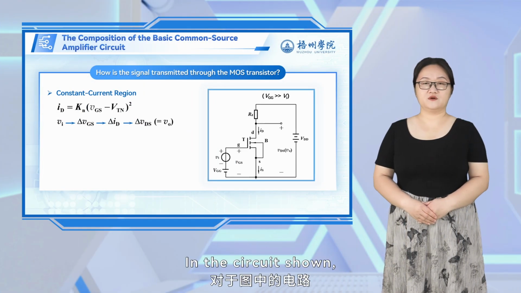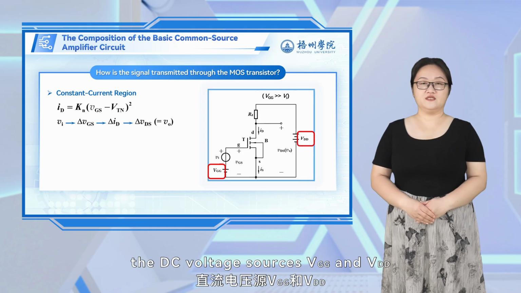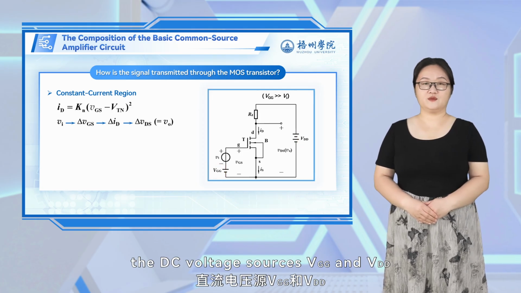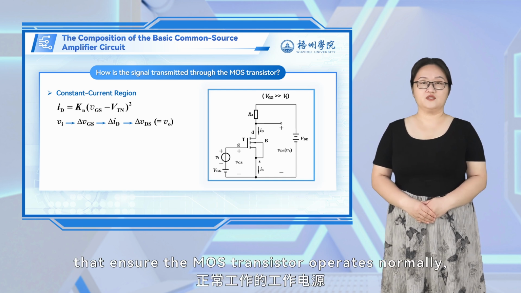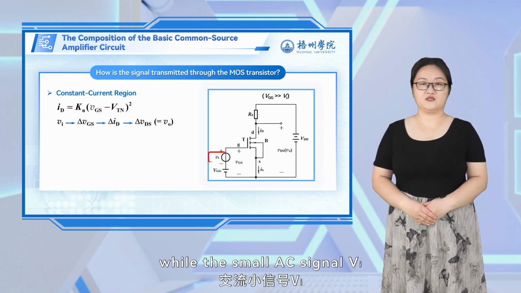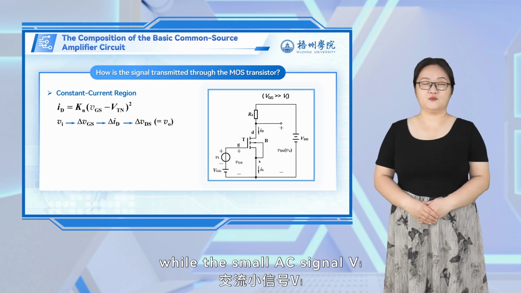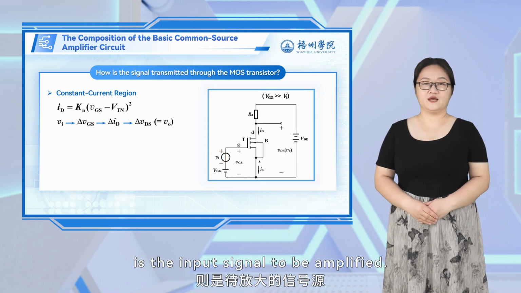In the circuit shown, the DC voltage sources V_GG and V_DD are the working power supplies that ensure the MOS transistor operates normally, while the small AC signal V_I is the input signal to be amplified.